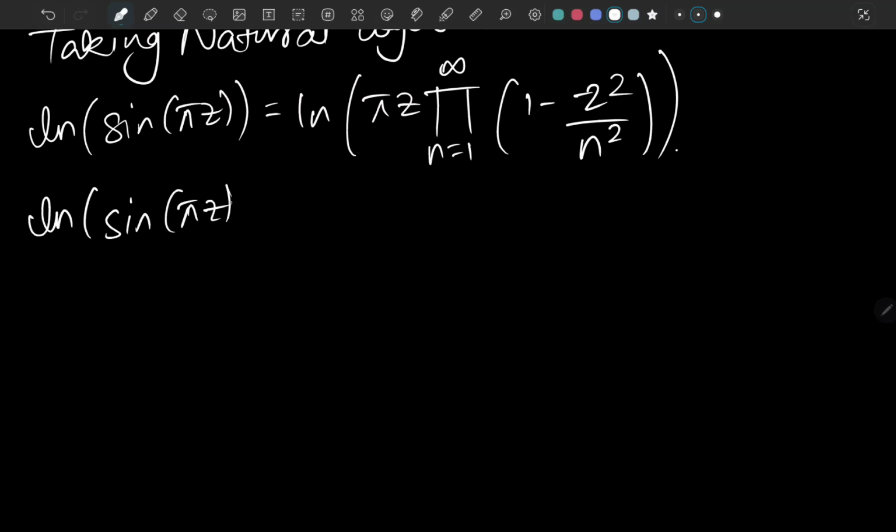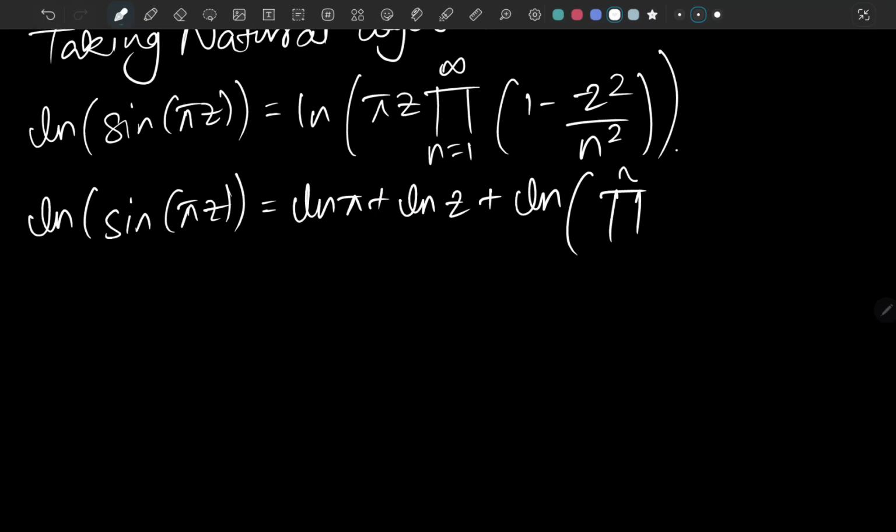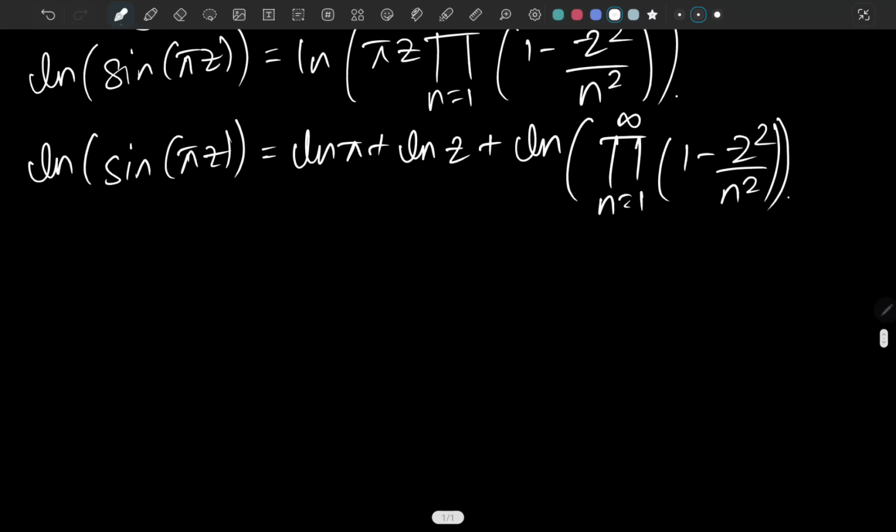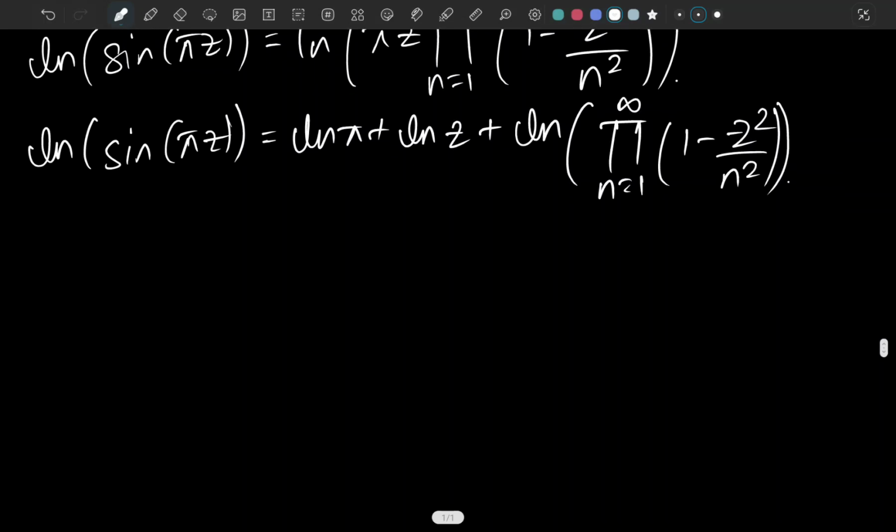ln of sine of pi z becomes ln of pi plus ln of z plus ln of this infinite product. If you have ln of an infinite product, that gives us the infinite sum of ln of the argument inside the product, right?